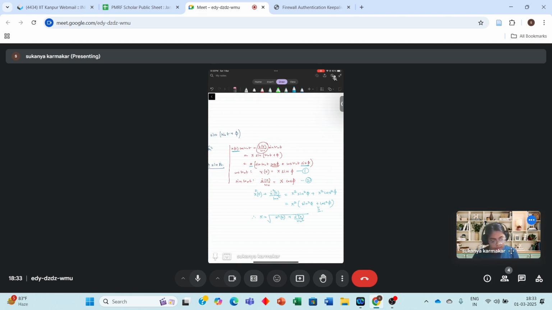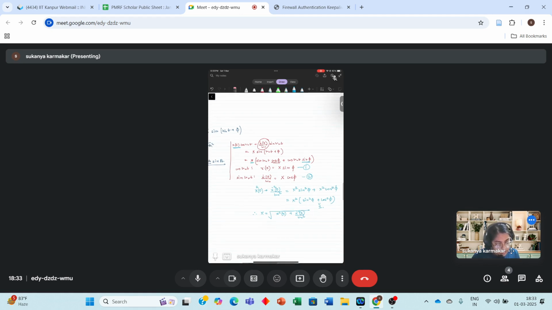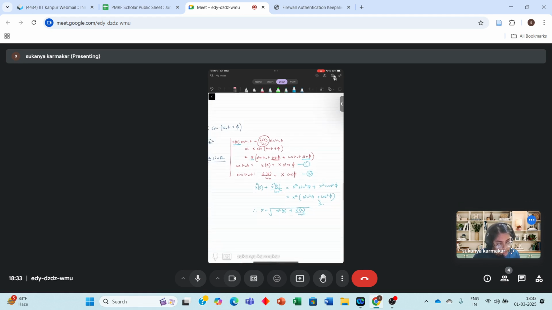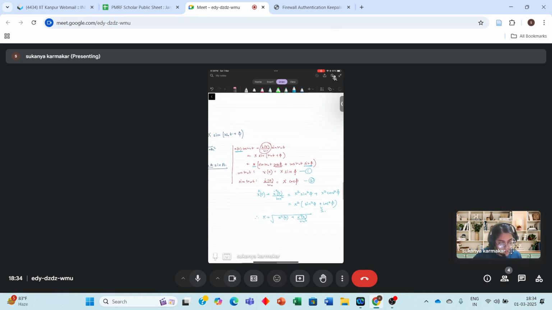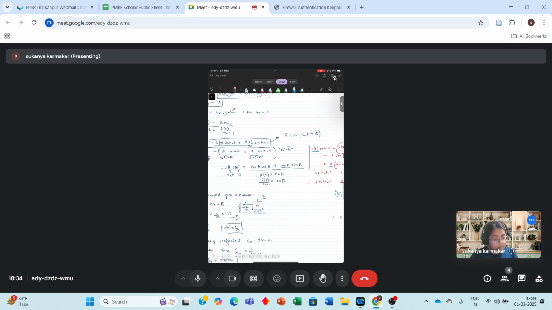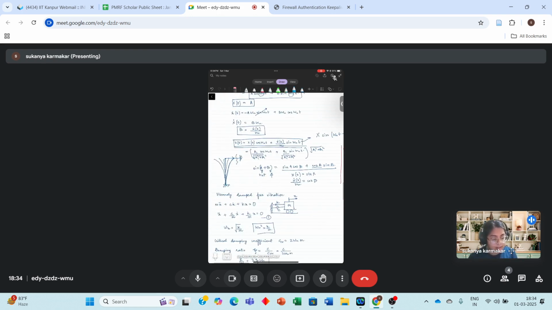Is this clear? So ma'am, from where did we get X sin(omega n t plus phi)? When we are comparing, we are comparing it with X sin(omega n t plus phi). Where did I get this? This is something in which I want to express my solution. My solution is this big equation, x0 cos omega n t plus something into sin omega n t.